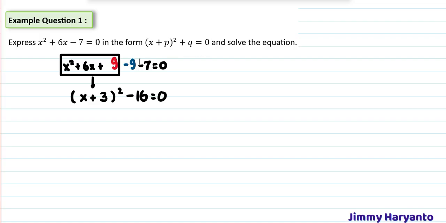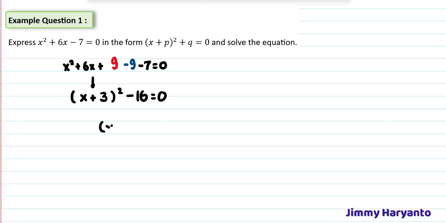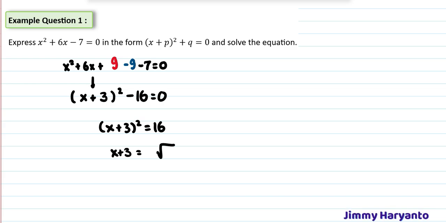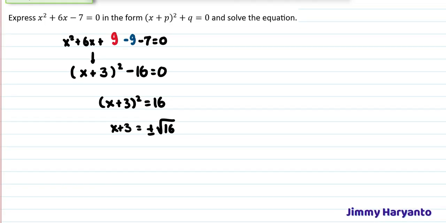That is the original method to complete the square. And then the question wants you to solve the equation. To solve the equation, you only have to use normal algebra. That means you will move the 16 to the other side, equals 16, and then you will move the square to the other side. Remember, when you move a square into a square root, you have to put plus minus in it.